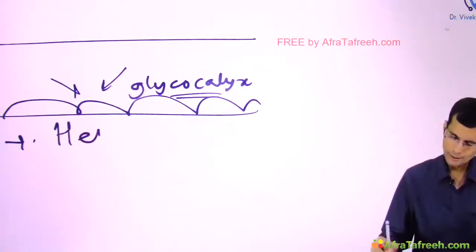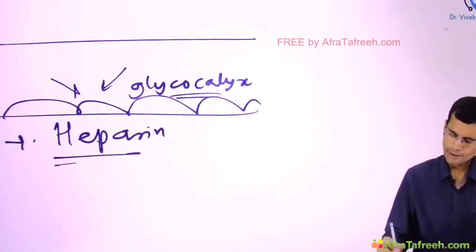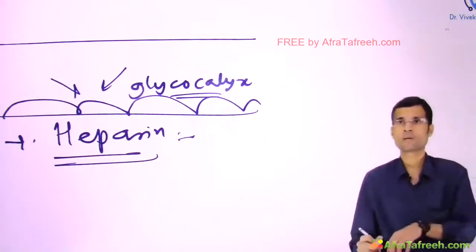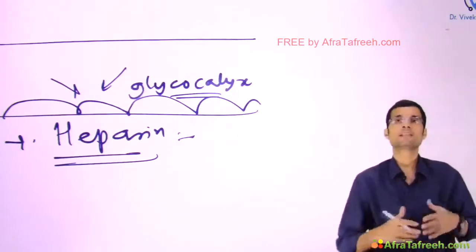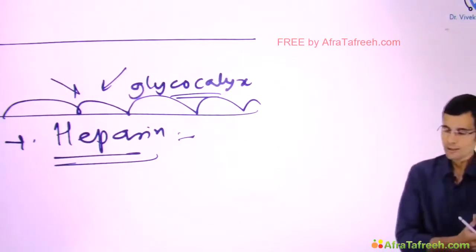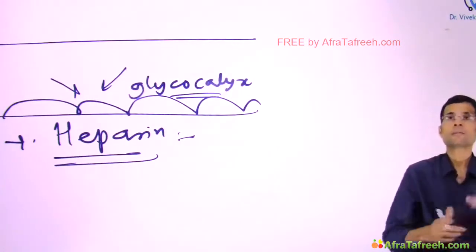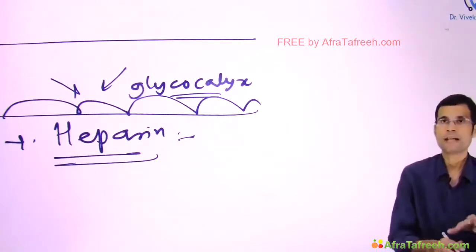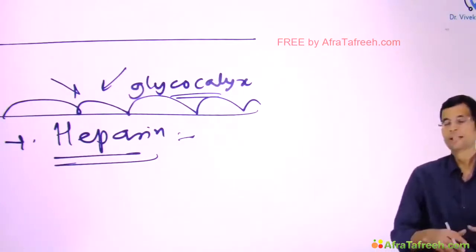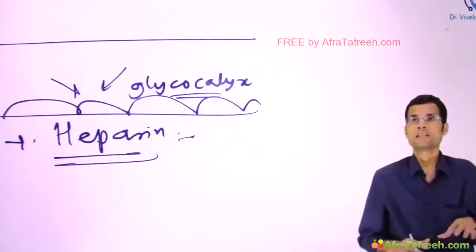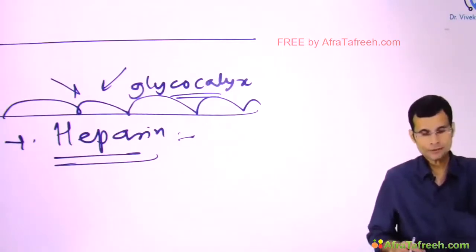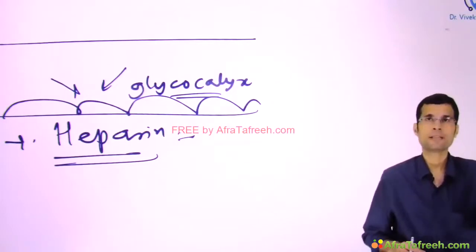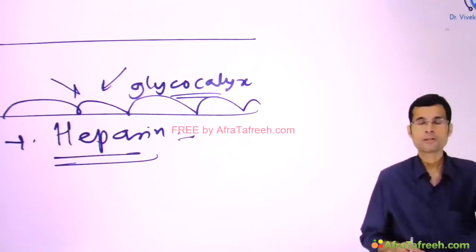Heparin, as we have already said, is naturally present in the body, and synthetic heparin is also used. So let me just say one line about it. By activation of antithrombin 3, heparin acts as an anticoagulant. In hospitals, heparin is used to heparinize the patient after myocardial infarction or cerebral infarction.